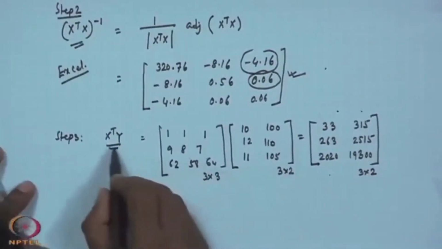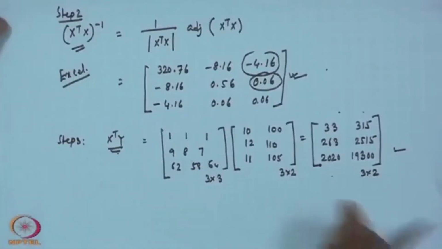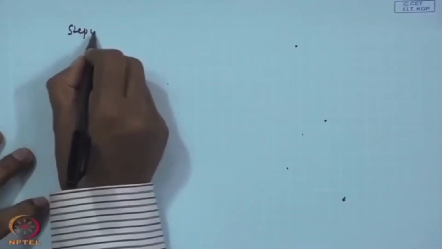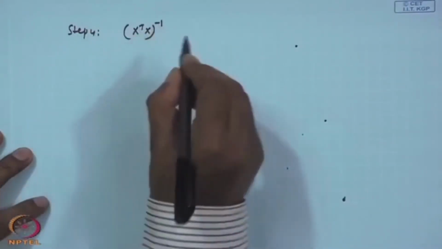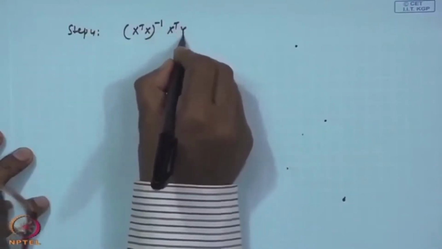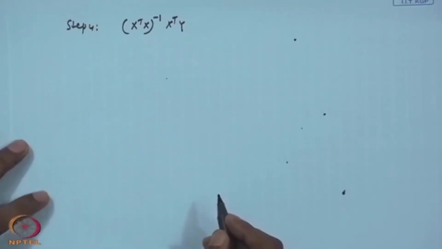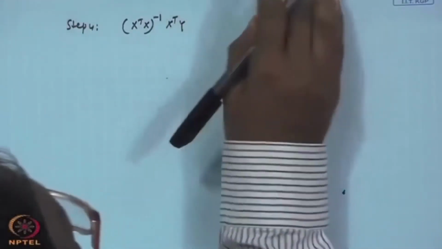So this is X transpose Y. Then step 4 is, you have to multiply X transpose X inverse and X transpose Y, these two matrices.